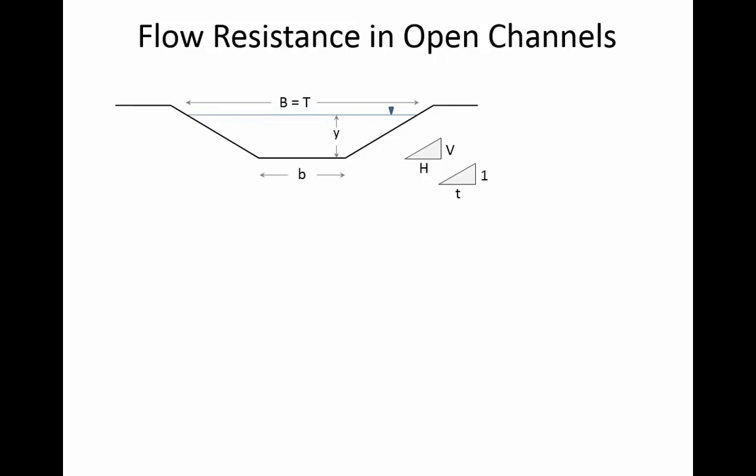So if it is t equals 2, then that means the horizontal component has 2 units for every 1 unit vertical. So for t equals 2, that would mean, let's just say hypothetically that the depth is 1. If this is 1, then that would mean that that is 2 for t equals 2.